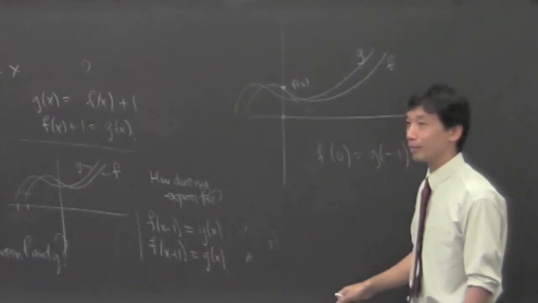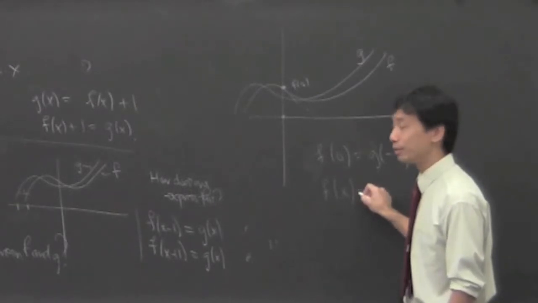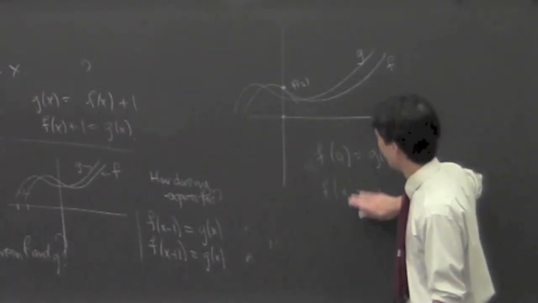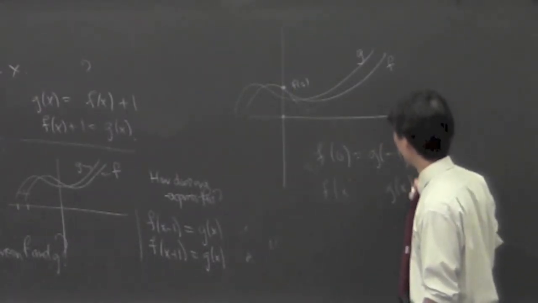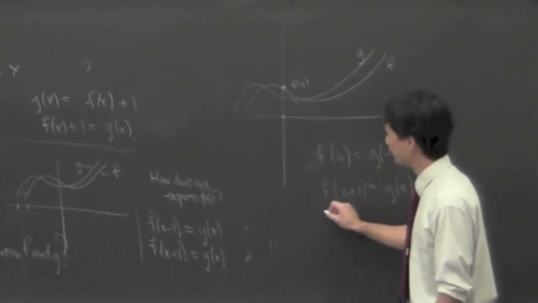So f at some general x would be g at x plus 1, or g at some general point would be the same as f at x plus 1, or you could say the other way.